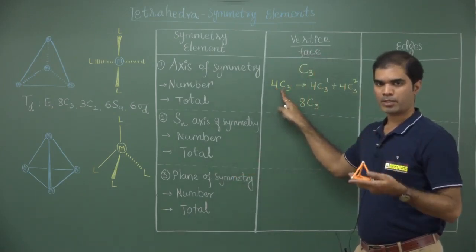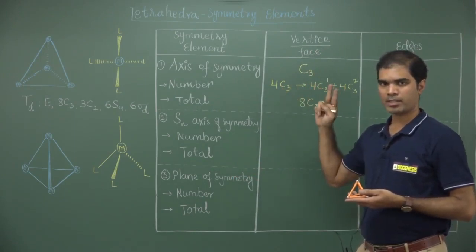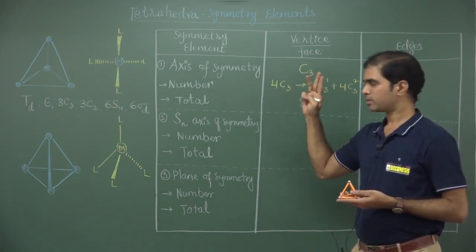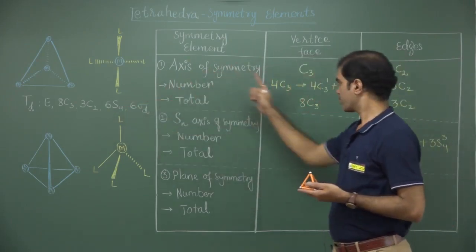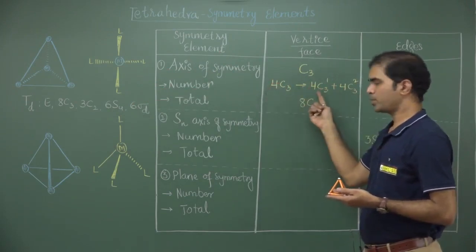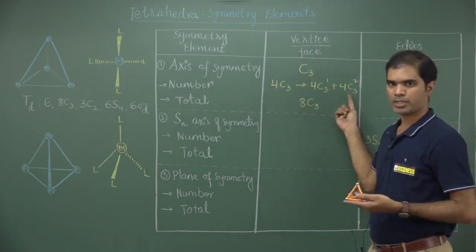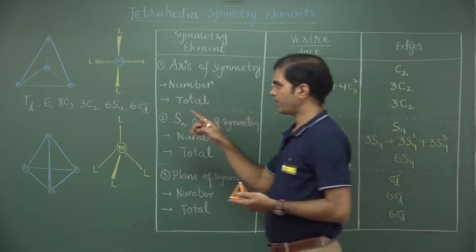From the generation of symmetry elements, C3 will generate 2 elements, C3^1, C3^2. C3^3 is anyway identity. Identity we have already written, any repeated element should not be written. So each C3 will generate C3^1, C3^2. There are 4 C3s, each of which will generate C3^1 and C3^2, so 4 C3^1 and 4 C3^2. The total is 8 C3. We have completed 8 C3.